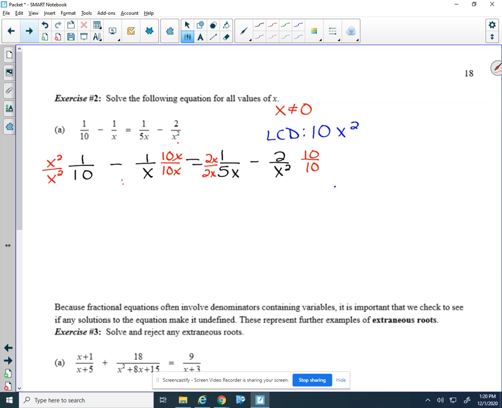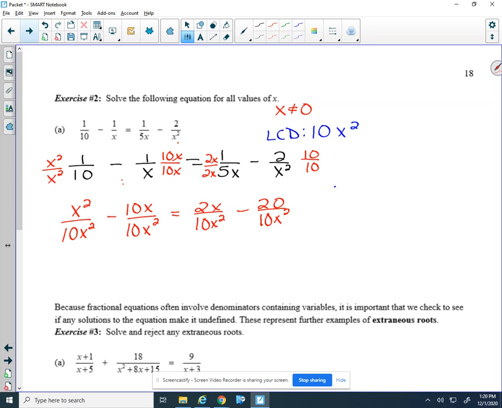So we get x squared over 10x squared minus 10x over 10x squared equals 2x over 10x squared minus 20 over 10x squared.